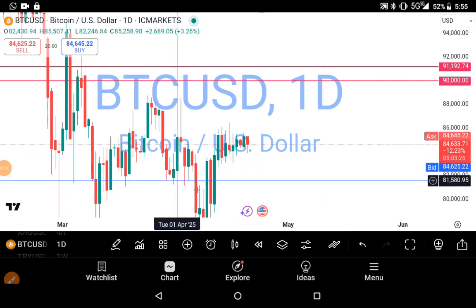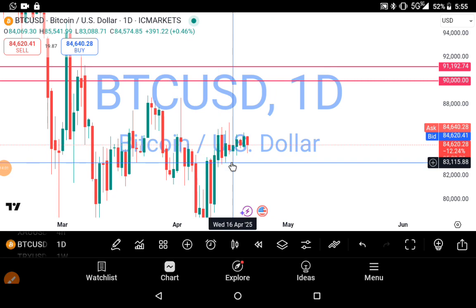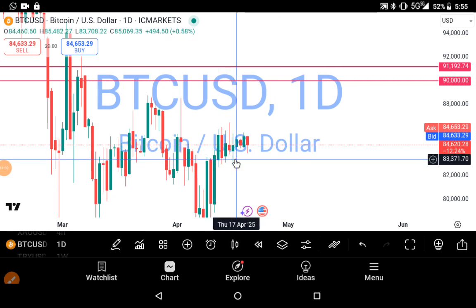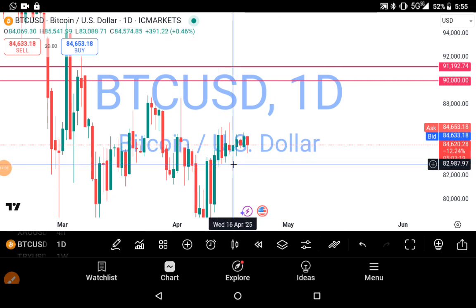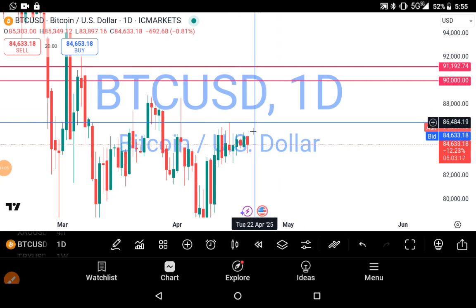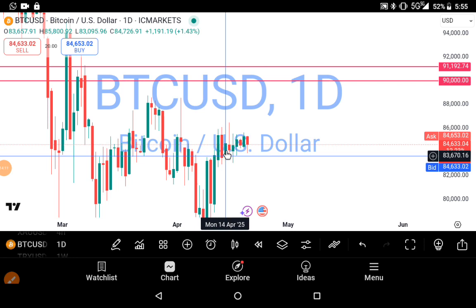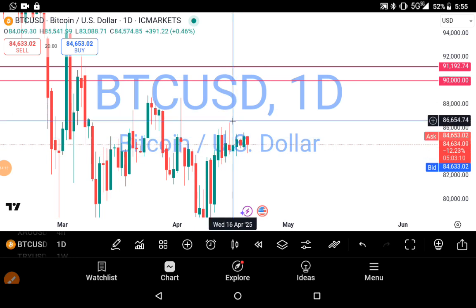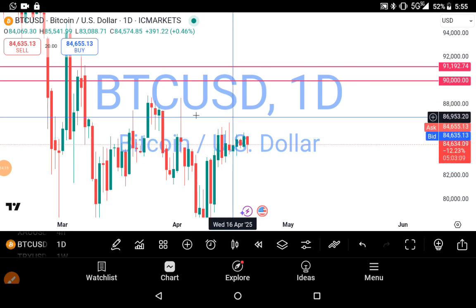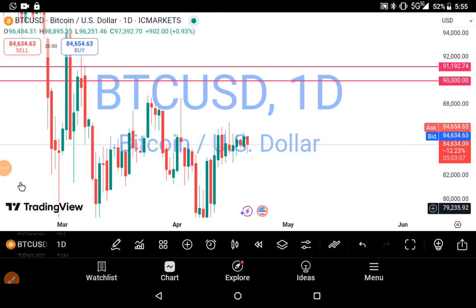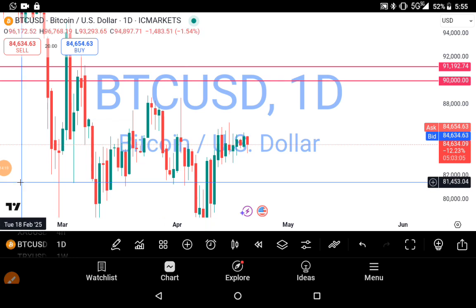I can see 83,000 as the lowest hanging fruit on the downside, while 87 is the lowest on the upside. So I'll be going between 83 to 87 on BTC.